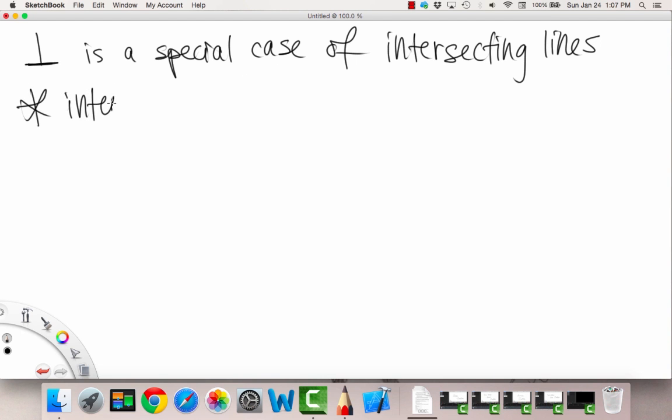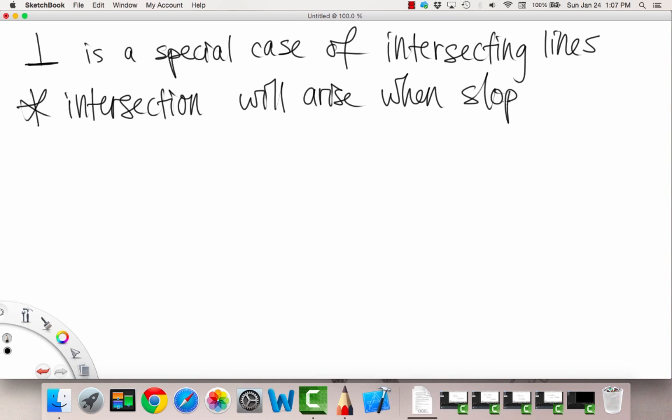Intersection between two or more lines will arise when the slopes m are unequal. When they're not exactly equal, so when two lines aren't parallel, then they're bound to intersect somewhere, at some point.